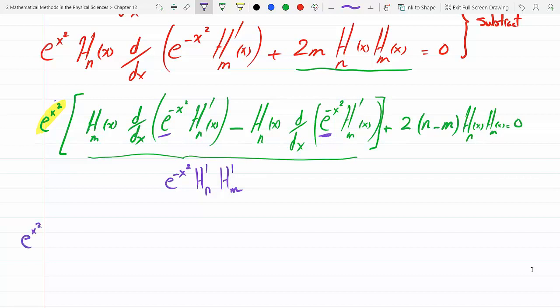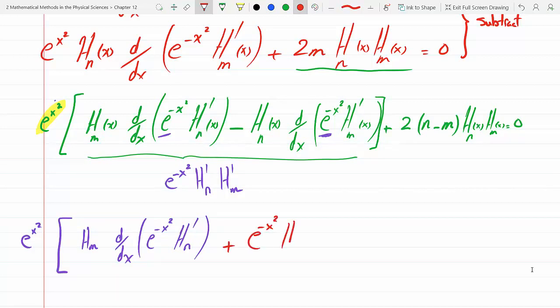So then I will get e to the x squared, and then I will have here h_m d over dx of e to the minus x squared h prime n, plus, so now this is the added term, plus e to the minus x squared h prime n. Okay, back to the second term.